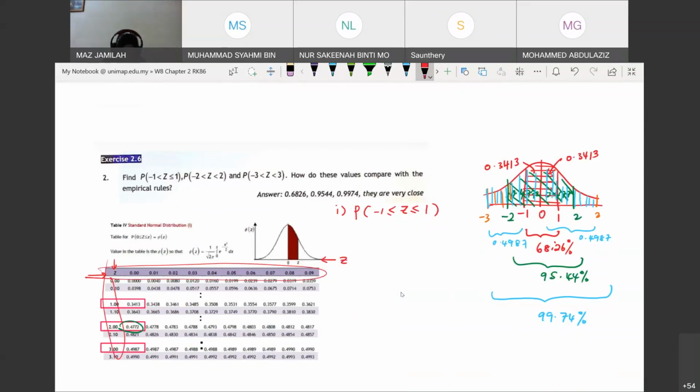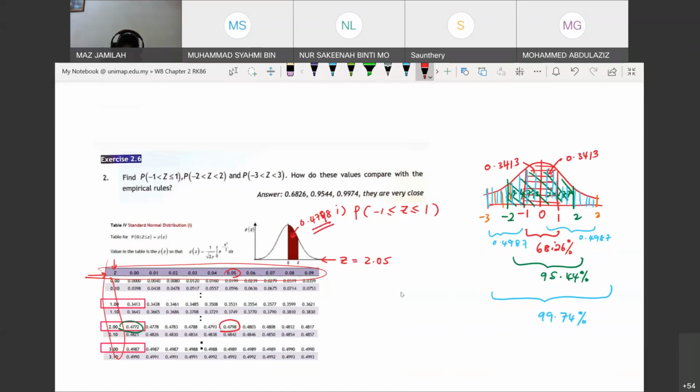If you are talking about z equal to 2.05, the z value is here, 2.05, and the probability value is 0.4798.